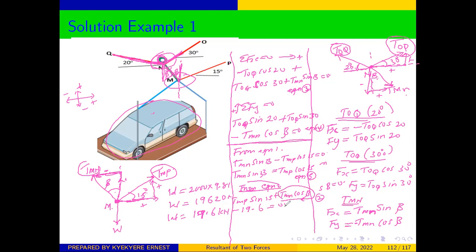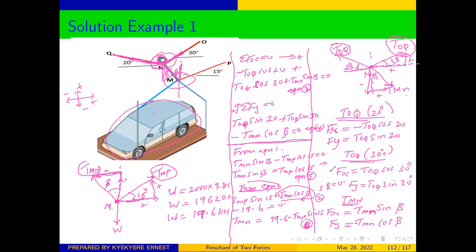Therefore, from there, we are going to get TMN cos beta to be equal to 19.6 minus TMP sine 15, and we can call this equation 6.